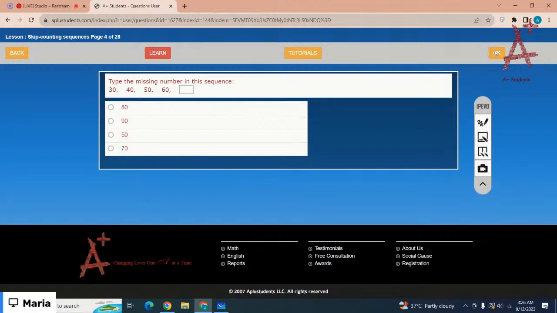The pattern is growing by 10 every time, right? So the correct option is 70.